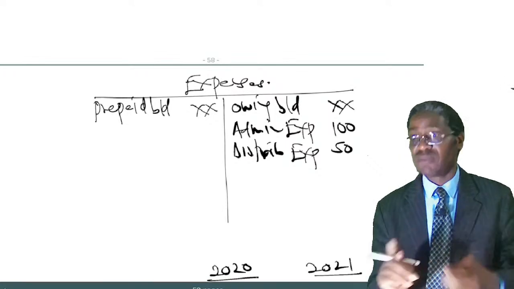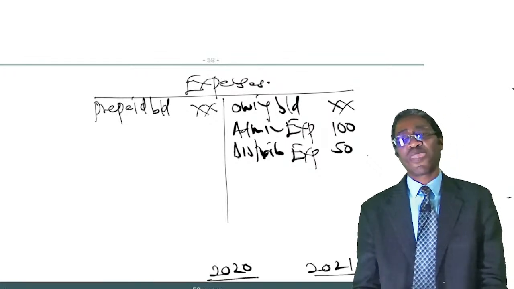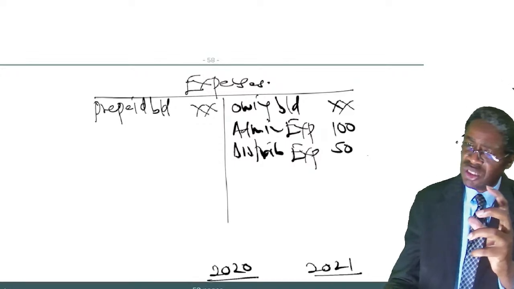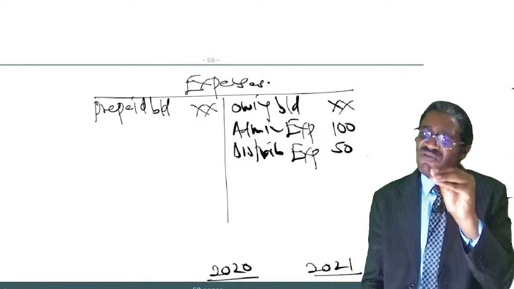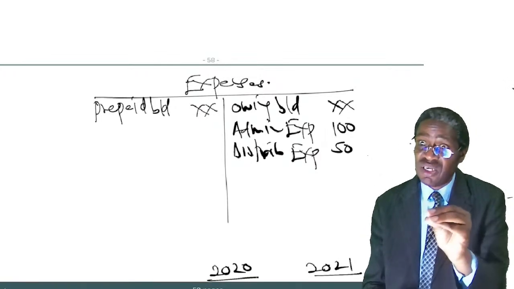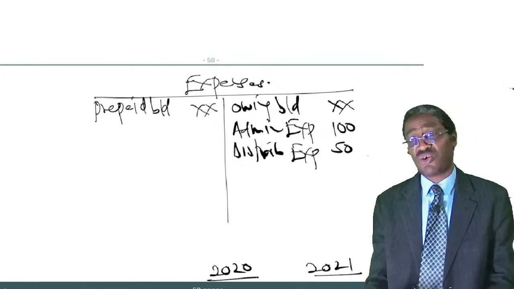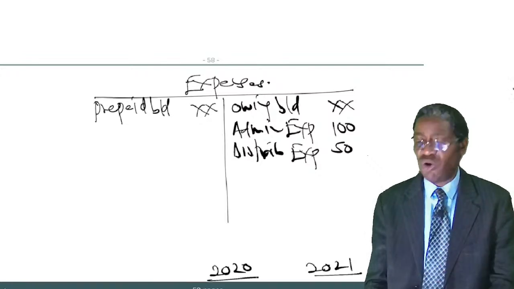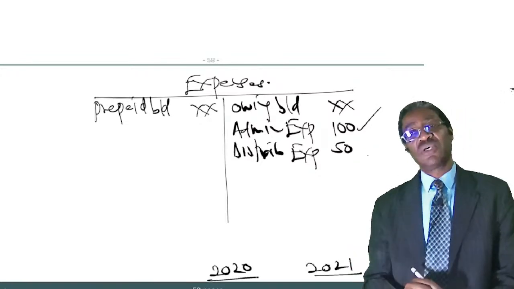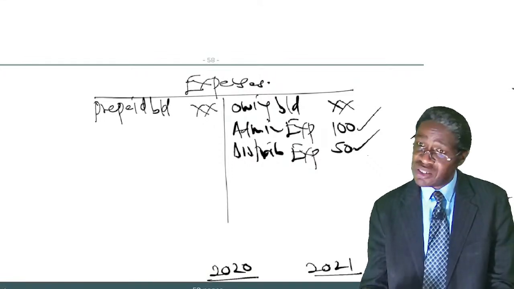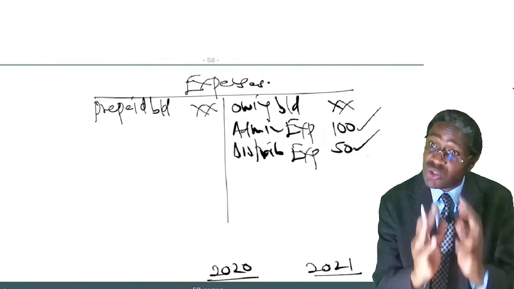Get the point there? So, I have also told you, within these two charges, there are times you could have charged something within them which no cash was involved at all. No cash was involved. Yet you charged it either as an admin or as a distribution expense. Yet no cash was involved.